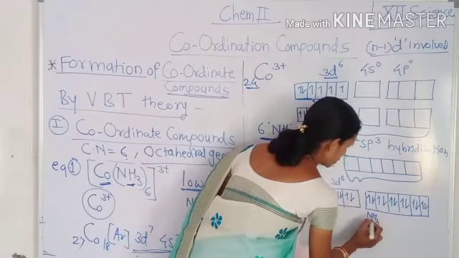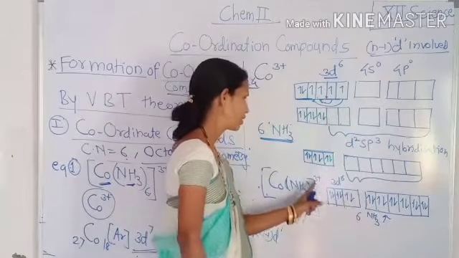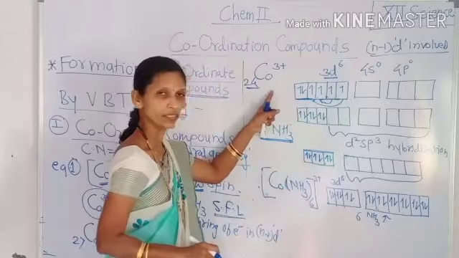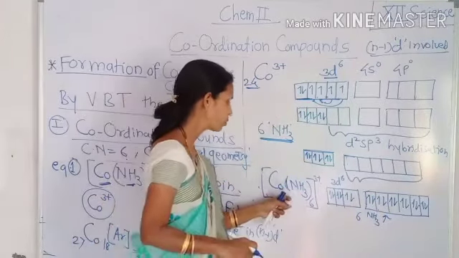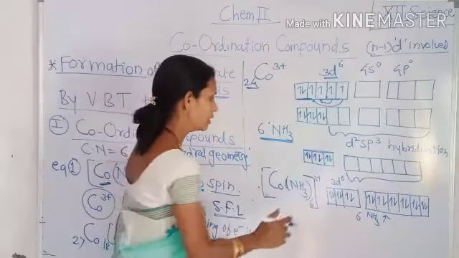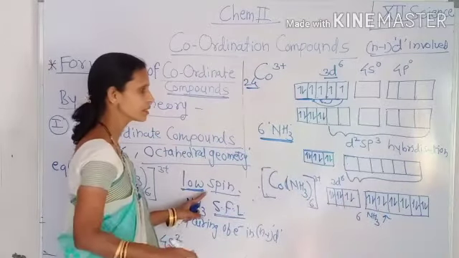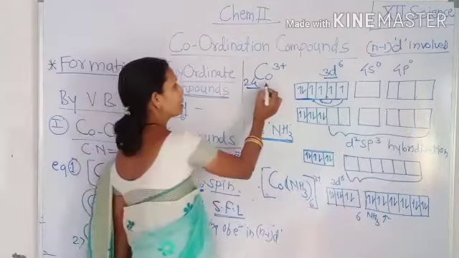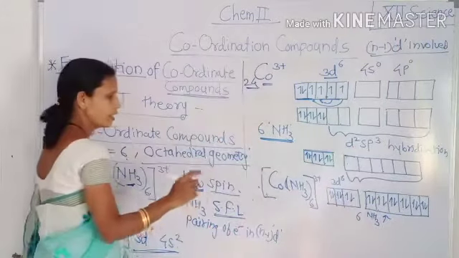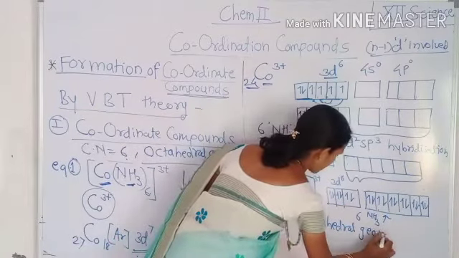That is, the 6 NH3 groups donate electrons to the Co3+ ion, the central metal ion, and formation of the complex takes place. That means, see here, the hybridization in this central metal ion in this complex is d2sp3. Therefore, this complex has octahedral geometry.